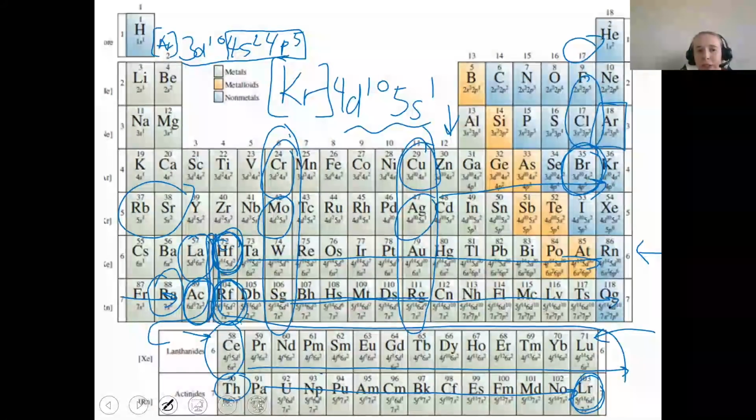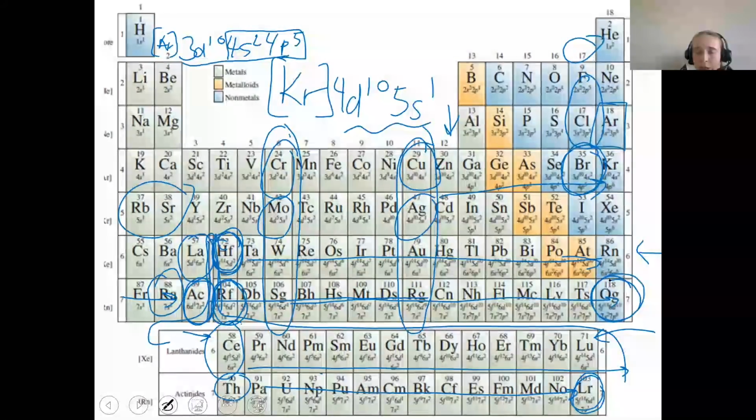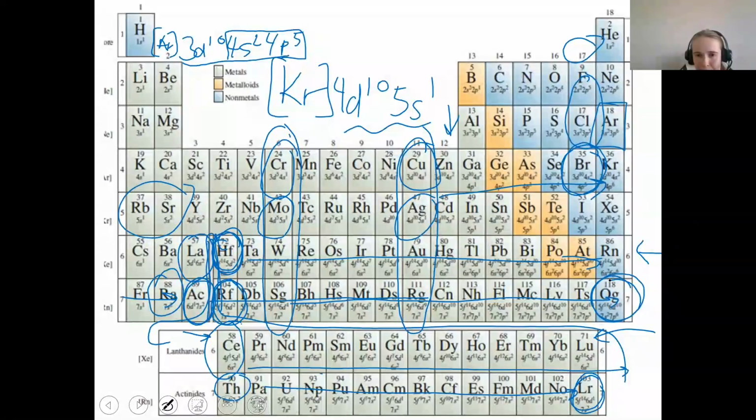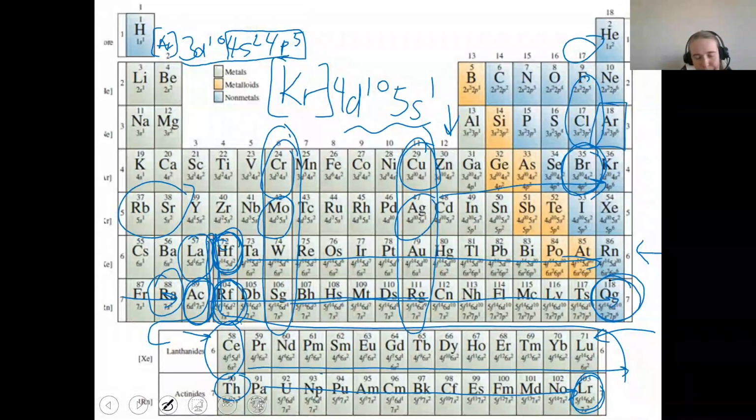So as of right now, we have discovered or synthesized elements all the way up to element 118. We have not yet found element 119, though I'm sure we will, because we keep finding, or creating really, new elements every so often.